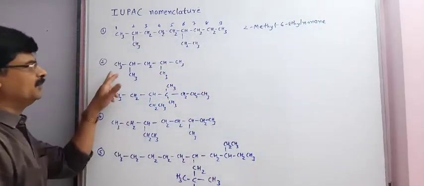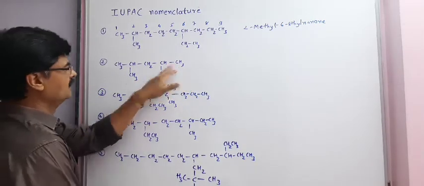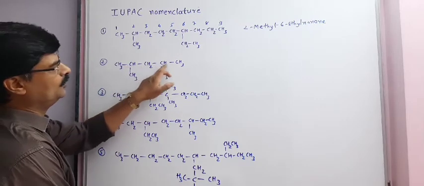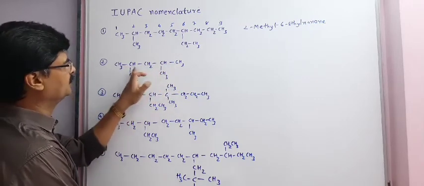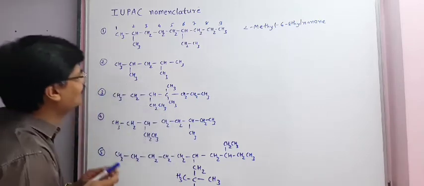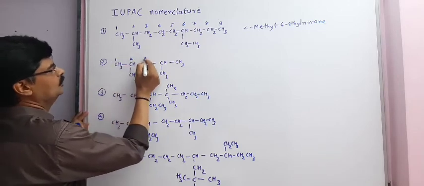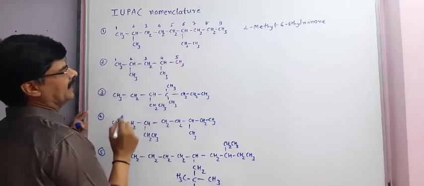Now for the next compound, first giving the longest chain of carbon atoms 1, 2, 3, 4, 5. From anywhere if we start, we will get 1, 2, 3, 4 and 5.